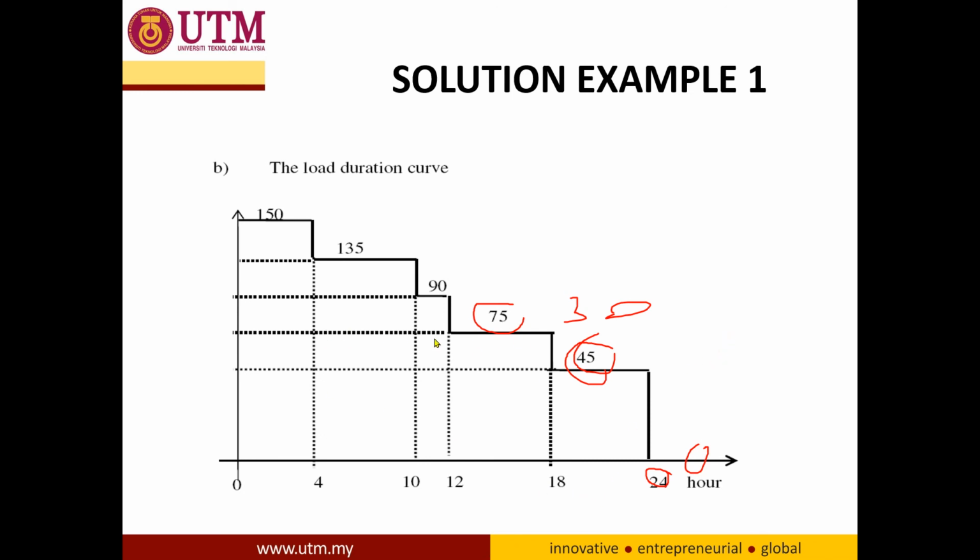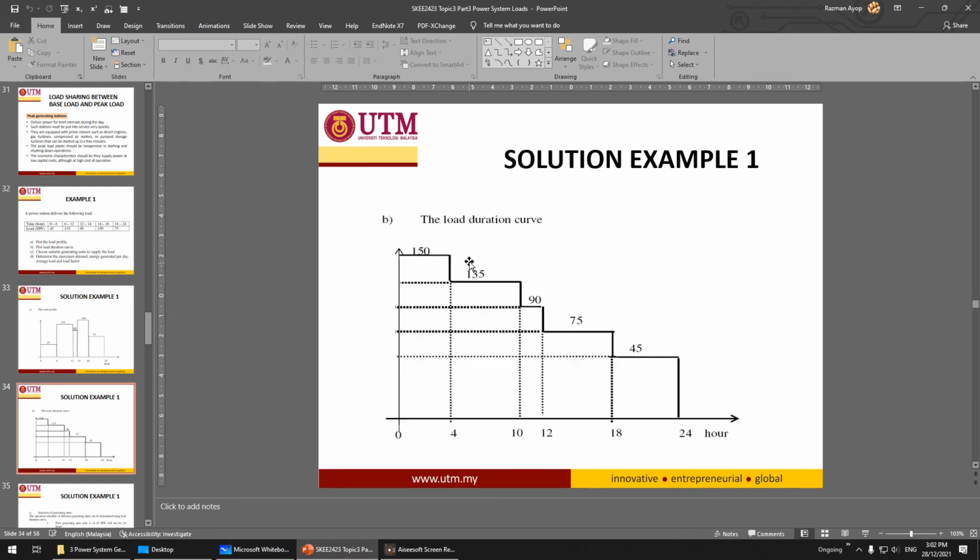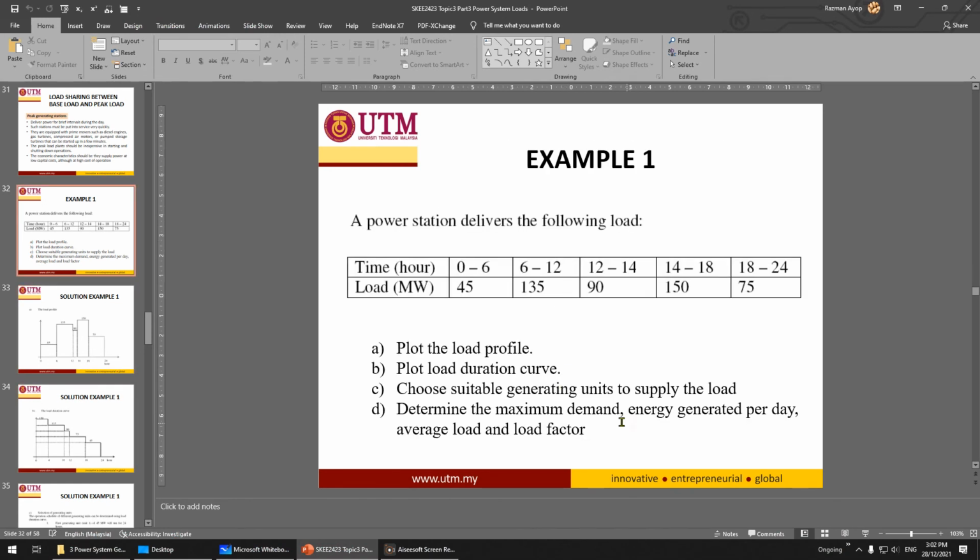And then 90 minus 75 is 15 for 2 hours, and then 135 minus 90 is 45 megawatt for 10 hours, and lastly 150 minus 135 is 15 megawatt for 4 hours. That is how you schedule a generation.